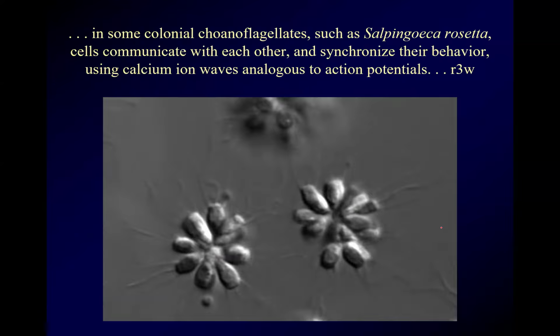In some of these colonies, like these of Salpingoica, the cells don't just clump up, they communicate with each other and they synchronize their behavior. And they synchronize their behavior using these calcium waves, the same sort of mechanism that governs the locomotion of ciliates, which we tried to demonstrate in the first lab that we did.